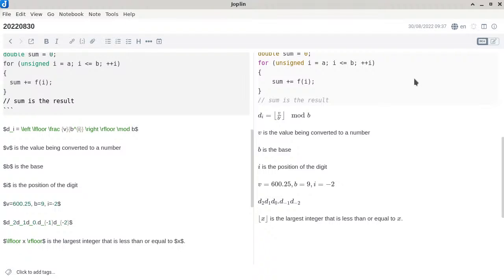Based on this definition, let me check to see whether you understand the concepts or not. What is the floor of 2.5? 2. Okay, it's 2 because 2 is the largest integer that is less than or equal to 2.5. Very good. What about the floor of 6? It'll be 6 by itself. Okay, fine. What about the floor of negative 1.5?